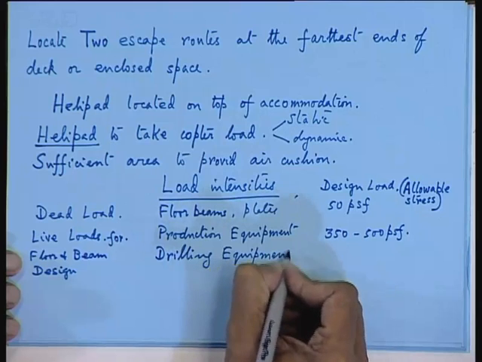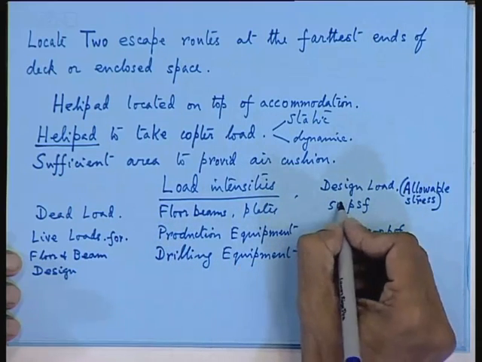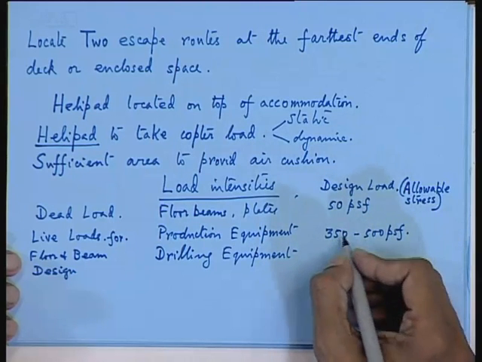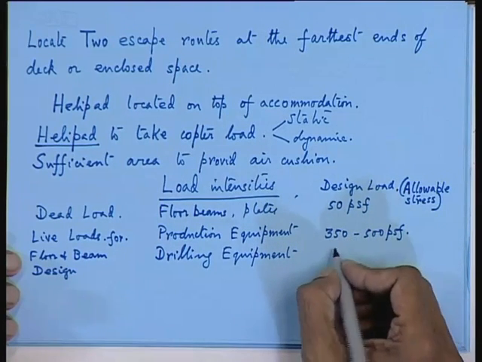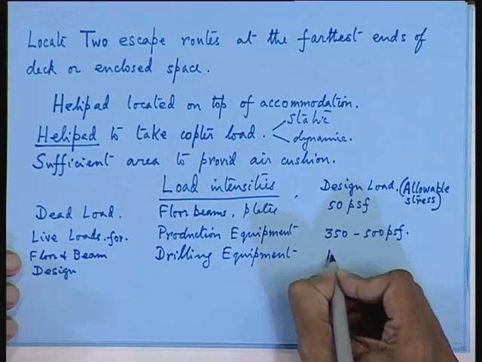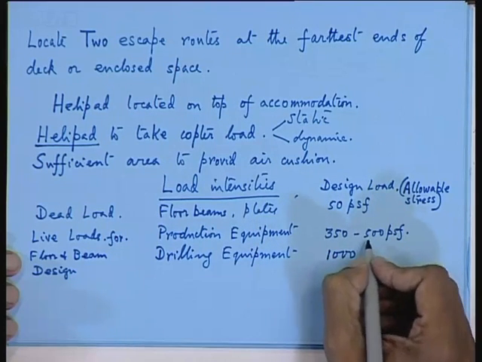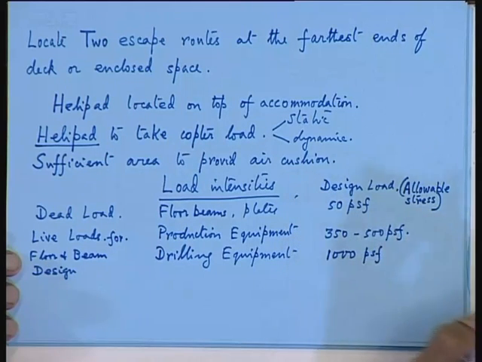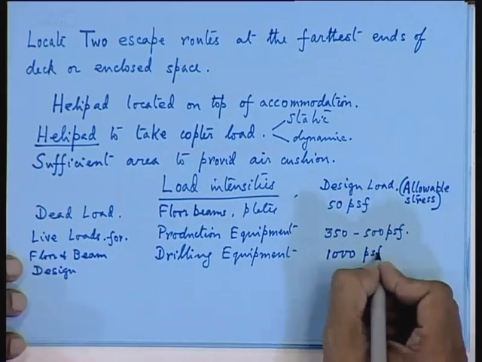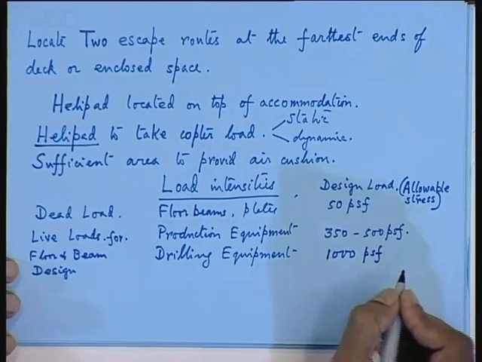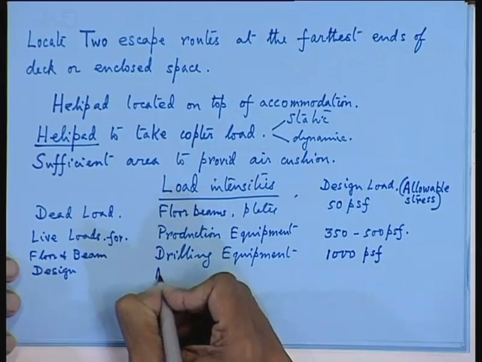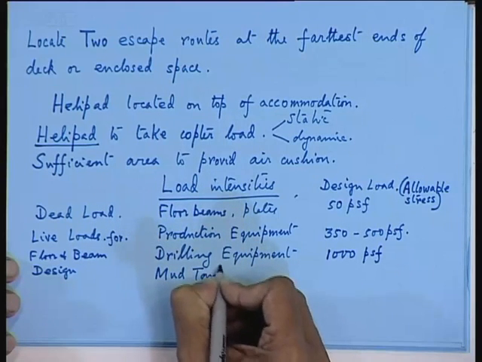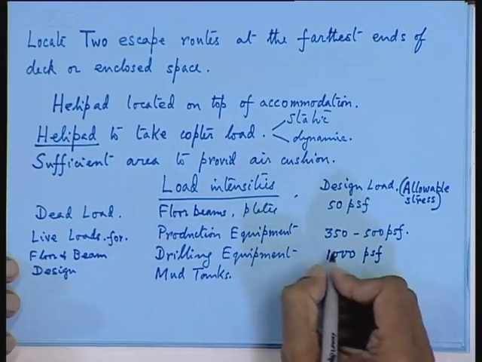You can see the static load is only 50 pounds per square inch, whereas your dynamic load is in the order of 350, and if it comes to drilling, then you are in more trouble. It is 1000 pounds per square foot. Sorry, this is square foot, F stands for square feet. So, 1000. Then mud tanks, I do not know why they have put so much stress on the mud tank. So, this is 1250.